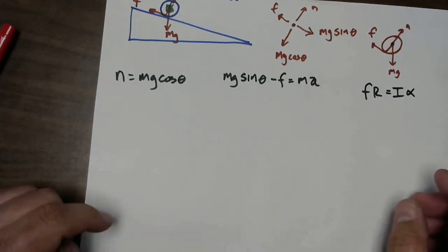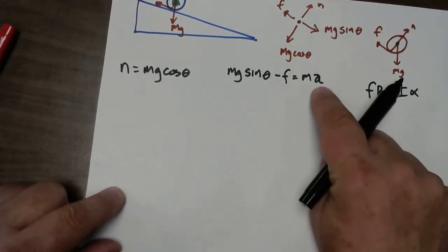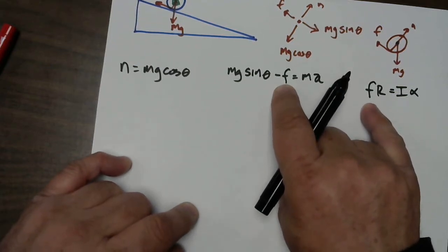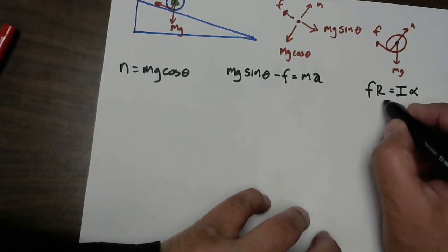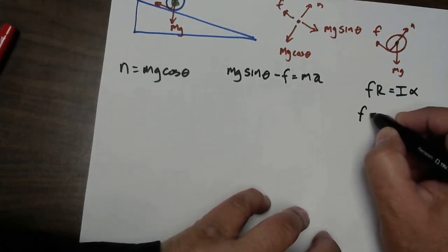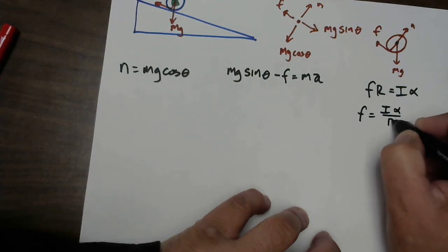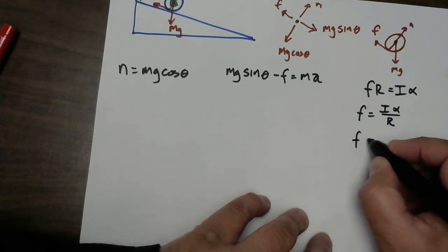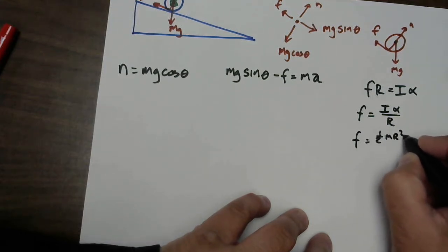Okay, let's see here. We want to get acceleration. We want to get rid of friction. So I think that what we should do here is solve this for friction. Now, I we can replace with the actual moment of inertia of a disk, which is 1/2 mr squared.